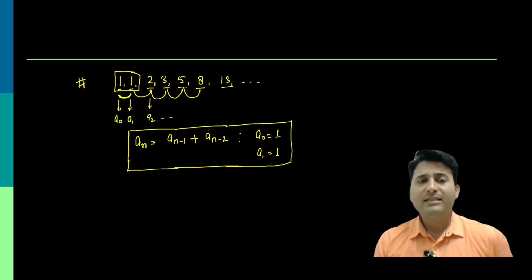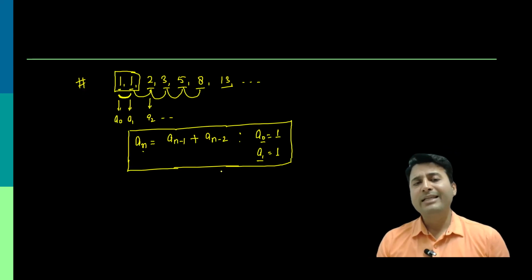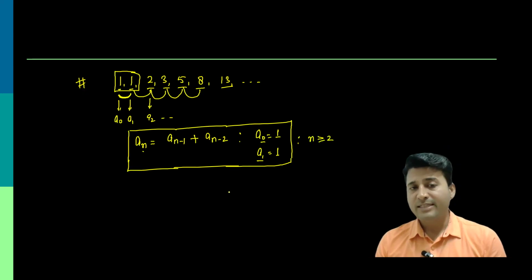So this is how we get it. Now one more thing, should I start putting n equal to 0, n equal to 1, n equal to 2? That also needs to be decided. There is no need to find a0, a1 as they are already given in terms of the initial condition. So we'll start with a2. That means for this, n should be greater than or equal to 2, from the set of integers.